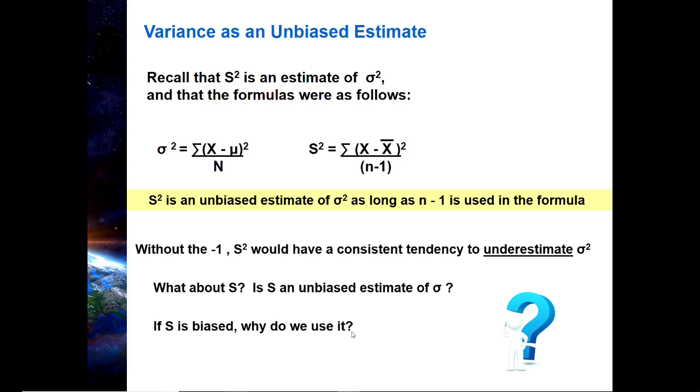It's not biased by very much. And so the advantages of using s far outweigh the disadvantages. Nobody's perfect, but s is pretty good. It's not flawless, but it's good enough. It's better than using s squared.